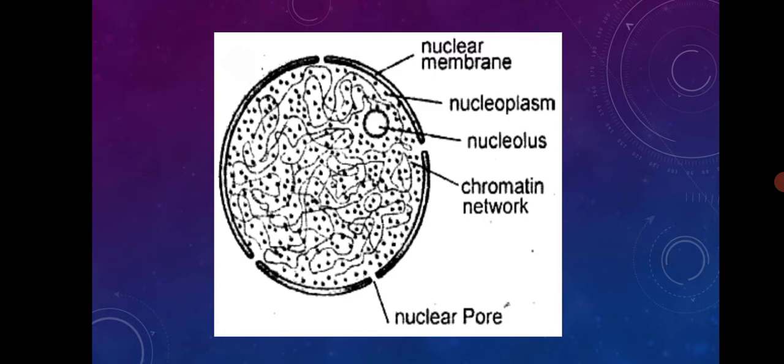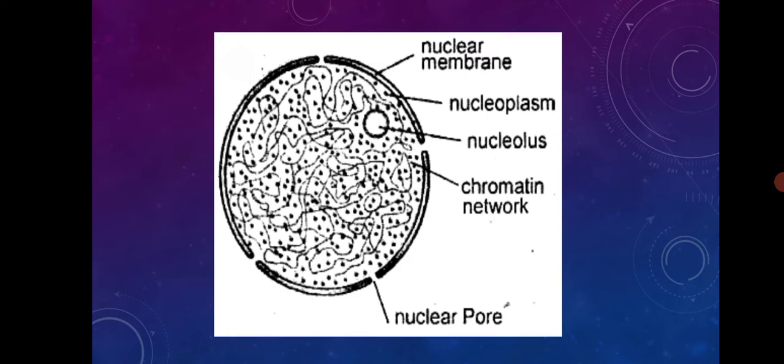The nucleus is a spherical or oval, darkly stained structure. It usually lies in the center of an animal cell but is displaced to one side in the plant cell due to the development of vacuoles. It was discovered by Robert Brown in 1831.